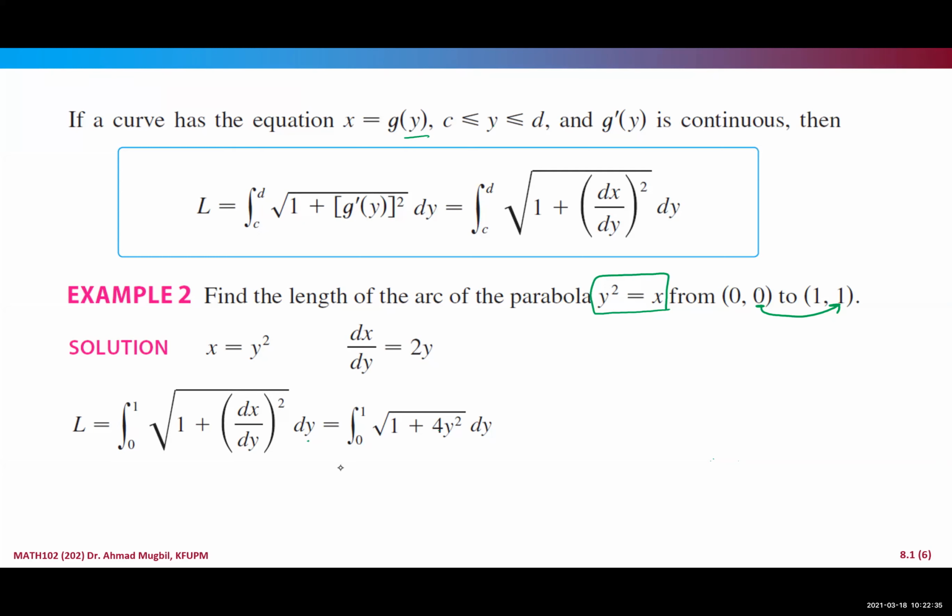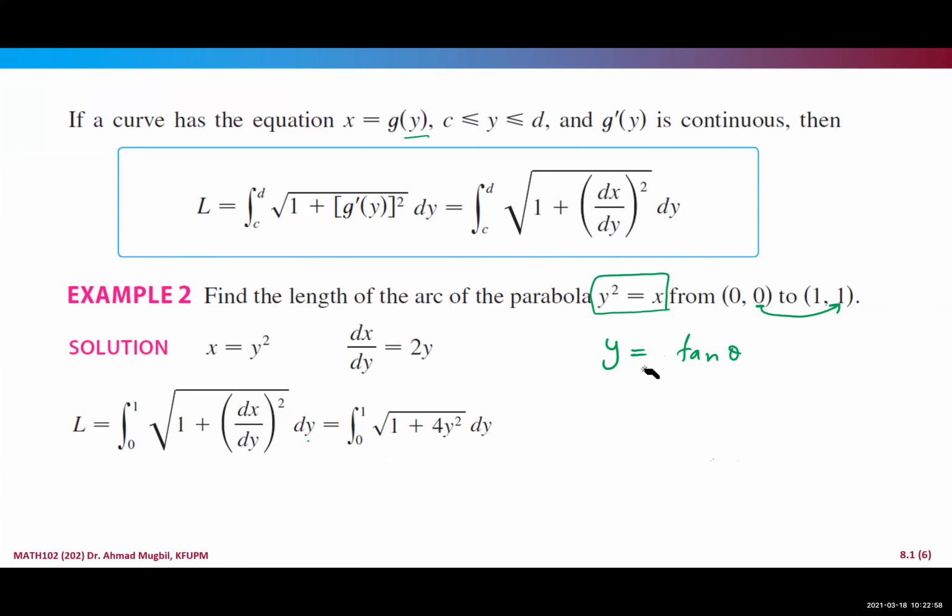Sorry, we take what is called? My variable here is y, so we will put y equals a tan theta. What is a? A is 1, so we will put y equals tan theta.